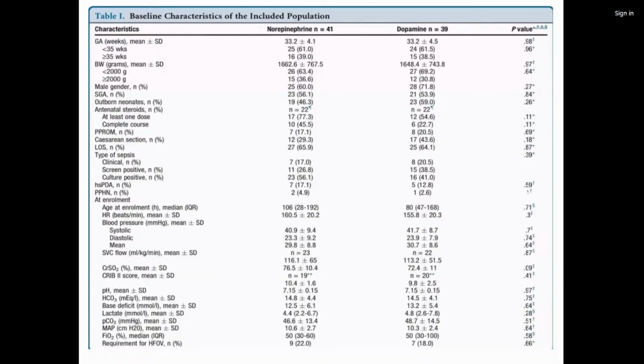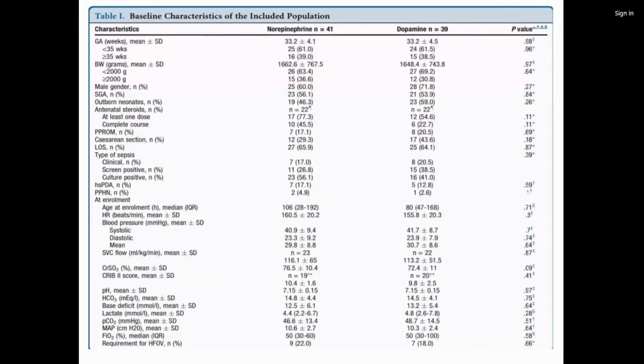Among perinatal factors, we see antenatal steroids, PPROM, and cesarean sections, so there was no perinatal confounding affecting shock severity. In the sepsis profile, late onset sepsis, screen positive and culture positive, the burden and severity of sepsis was comparable in both groups.